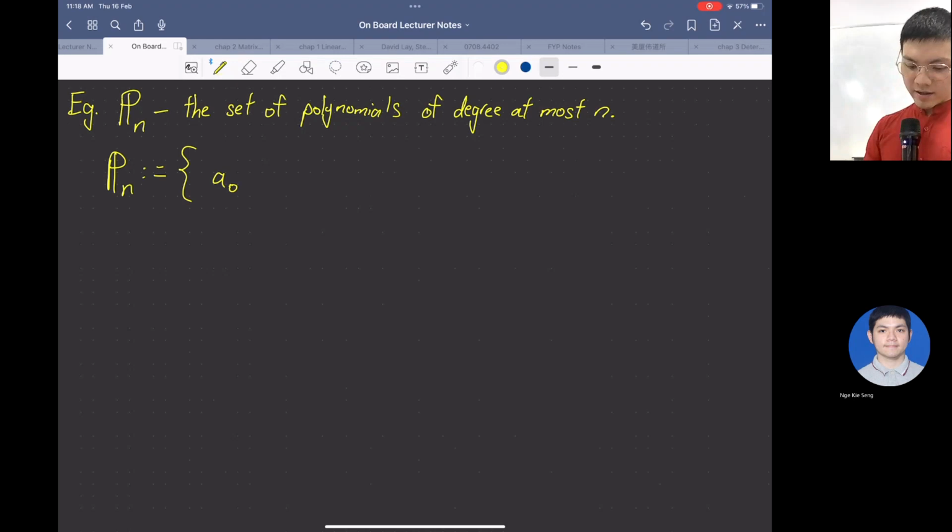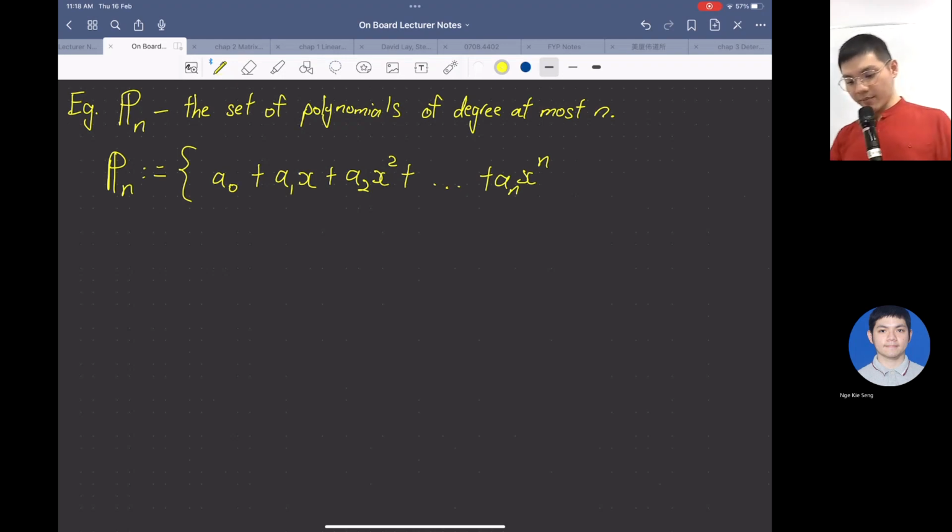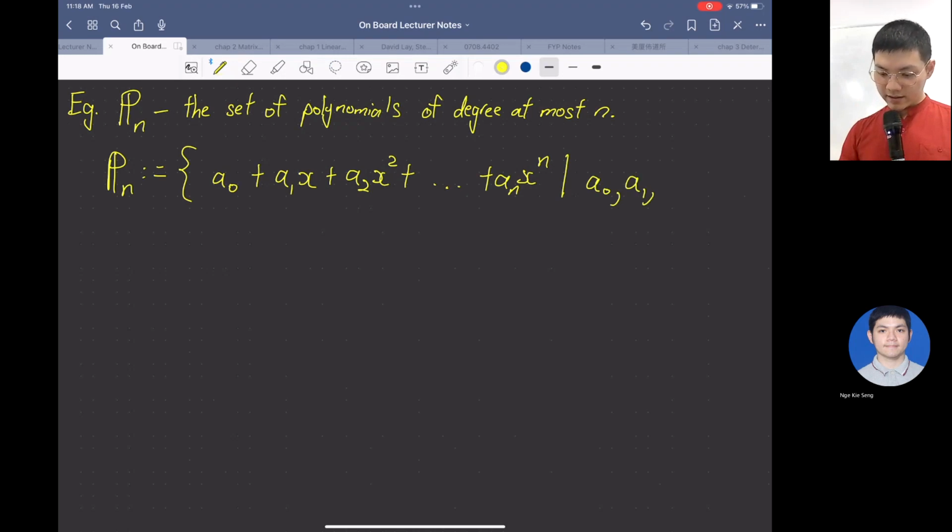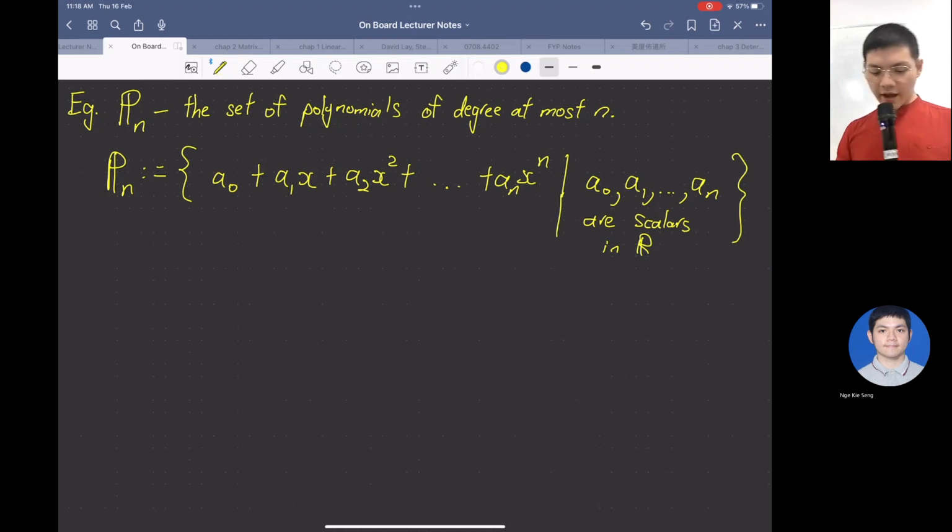So we have a0 plus a1 x plus a2 x squared plus dot dot dot plus an x to the power n, because it is at most n. The degree of the polynomial refers to the degree of x, such that a0, the scalars, are in R. So anything here.